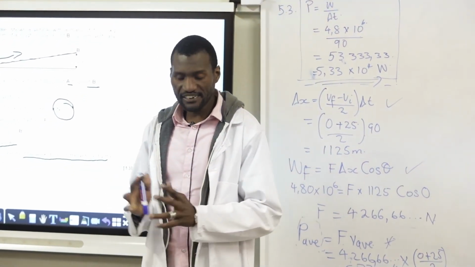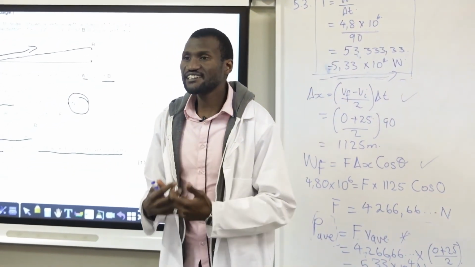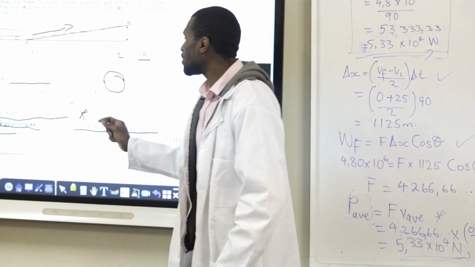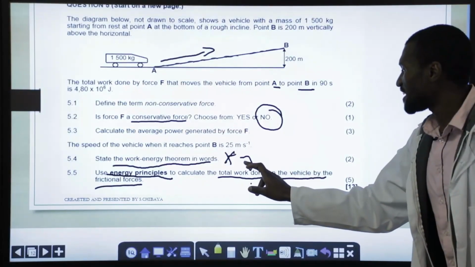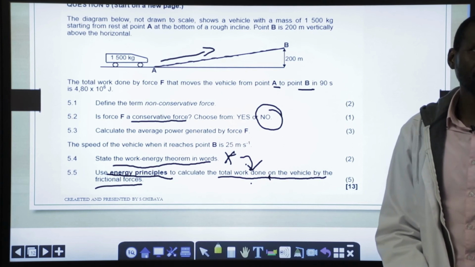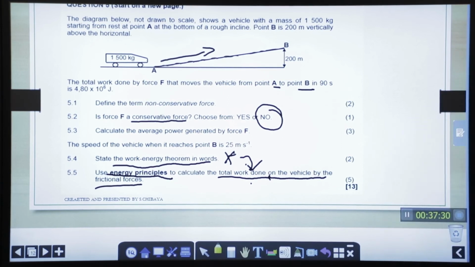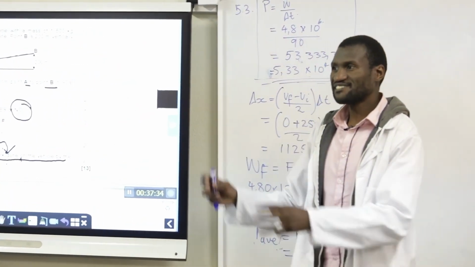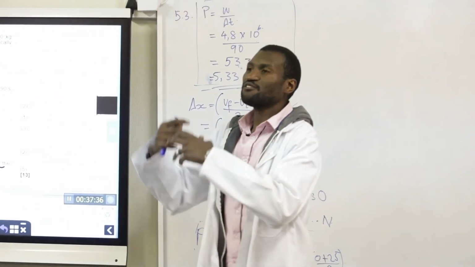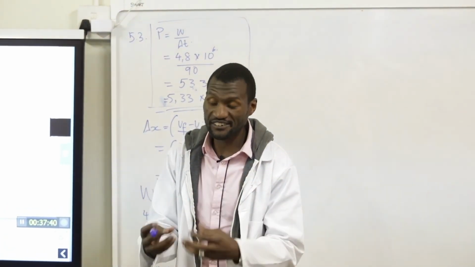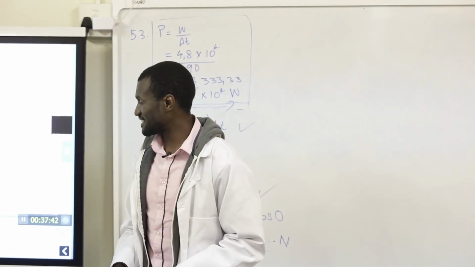So work energy theorem states that the net work done or total work done is equal to change in kinetic energy. Now, listen, if a question asks you to state something, it is often giving you a hint of what to use in the next parts. It doesn't really just say states and then that's the end of it. By stating, it scaffolds to allow you to make use of what you have stated in calculating it.